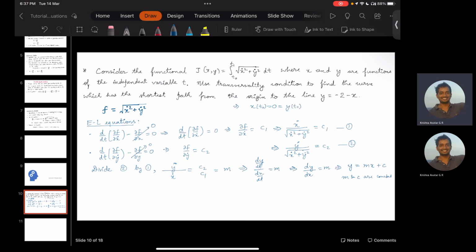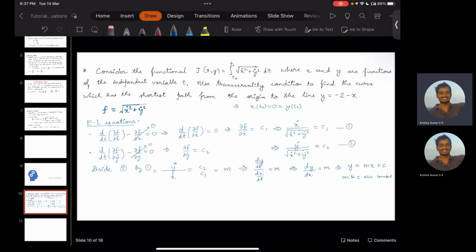This is one of the two end conditions, the first end condition, which is known. The other end condition is variable. However, the other end is required to only move along the line y is equal to -2 minus x.